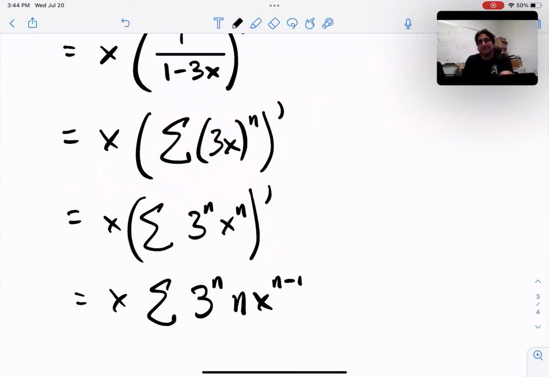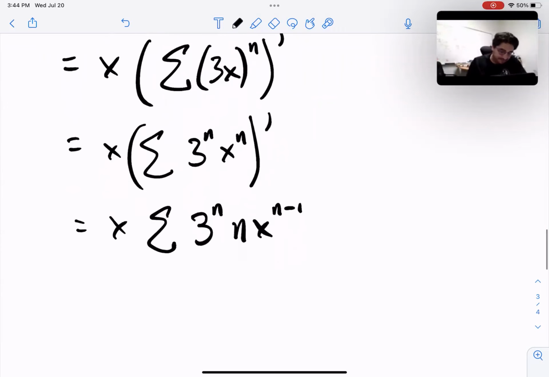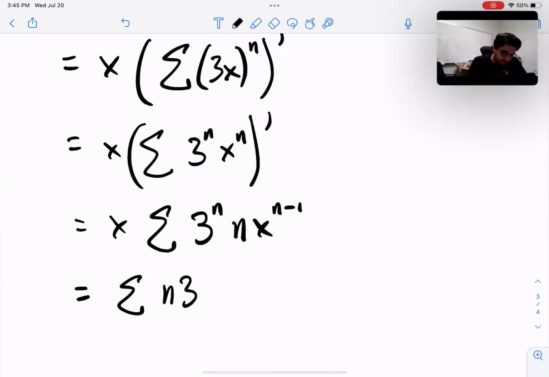Well, 3 is always treated as a constant. Treat n also as a constant, and treat x as the variable, right? So do the power rule on x to the n. Okay. Now multiply this x back inside. So it's going to bump this x to the n minus 1 back up to x to the n. Look at what we have.